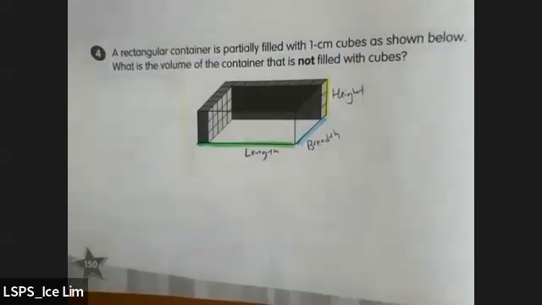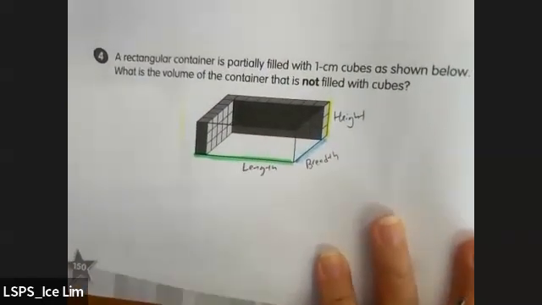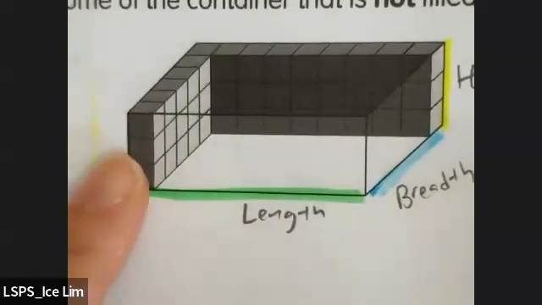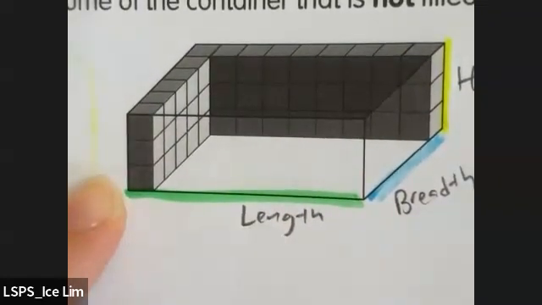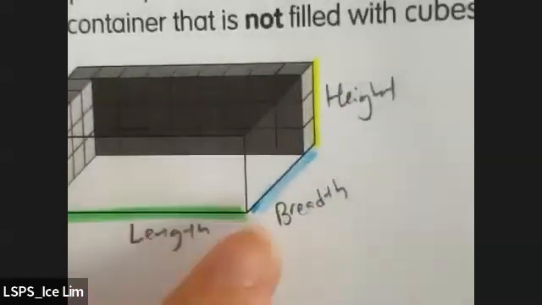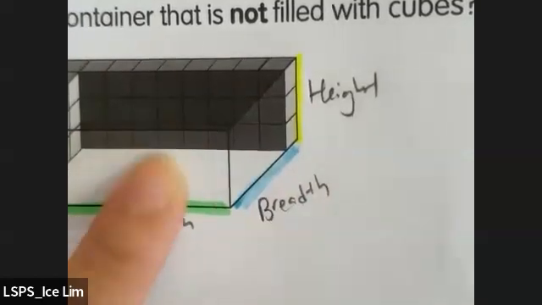Based on this picture here, is it easy to see the measurements if I use this? Based on the green highlight, is the length given? It's not. Is the breadth? No, it's empty. No cubes there.